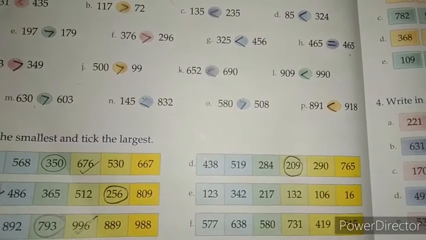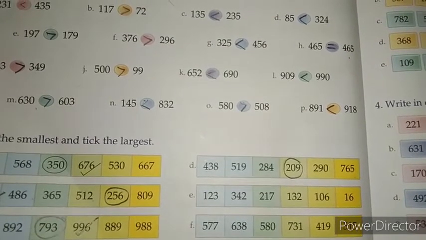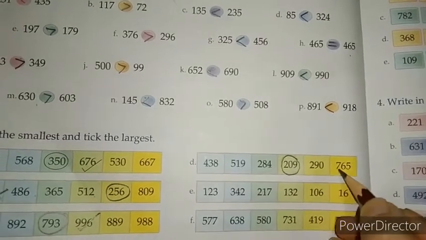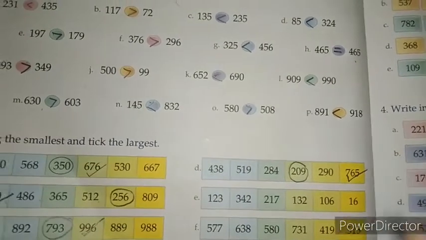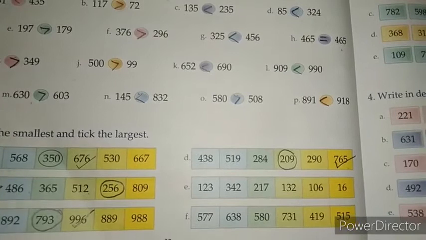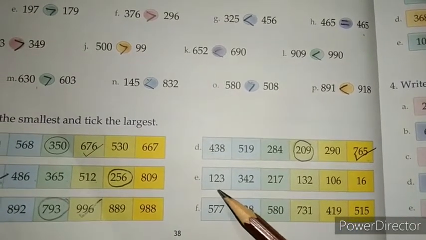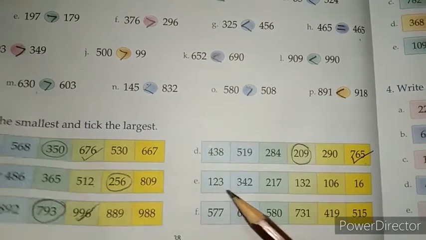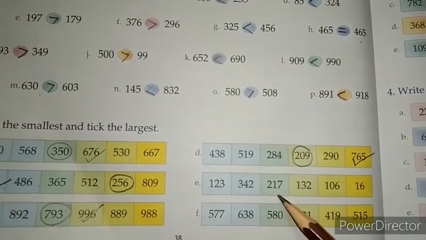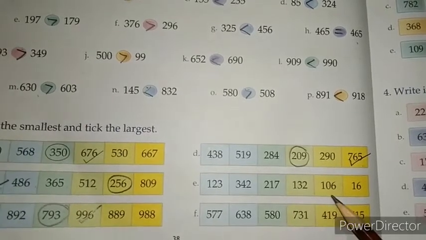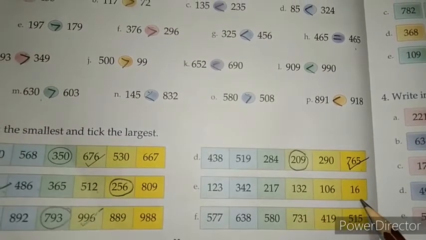And students, which is the largest number? Yes, very good, 765. So tick this. Okay, understood all of you? Next one: 123, 342, 217, 132, 106, 16.